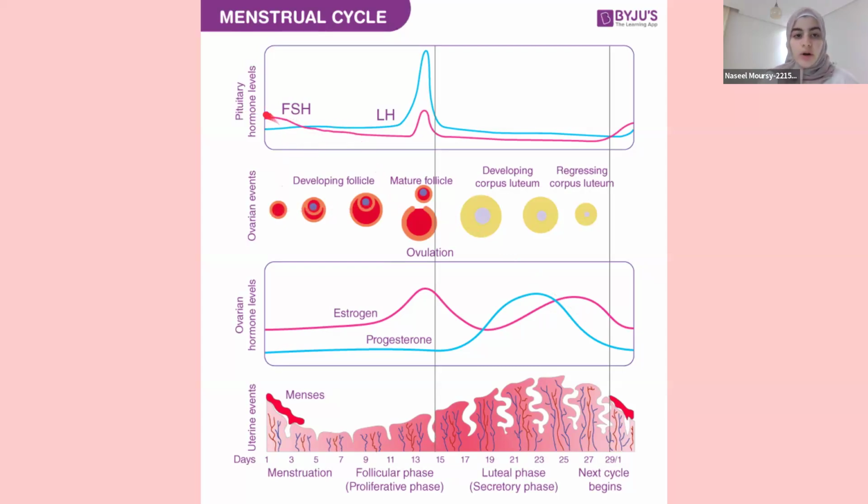However, why is it that FSH goes down later on? Well, as the follicles develop, they start secreting estrogen and progesterone, but mainly estrogen in this phase. Remember we said estrogen has a feedback inhibition on the pituitary.